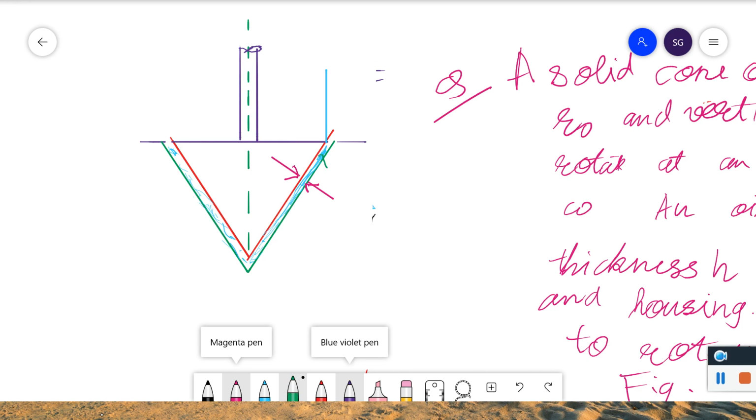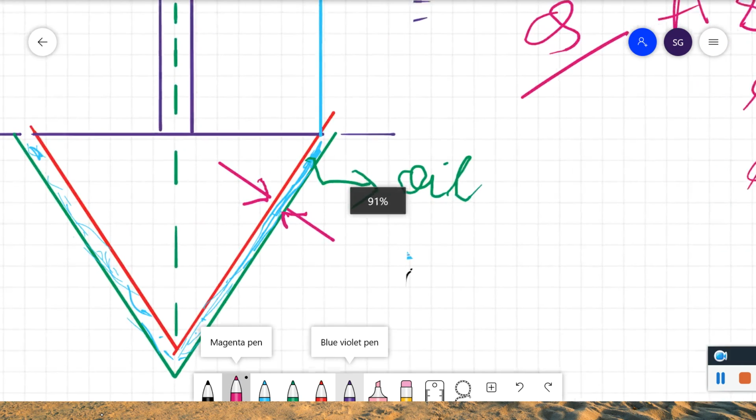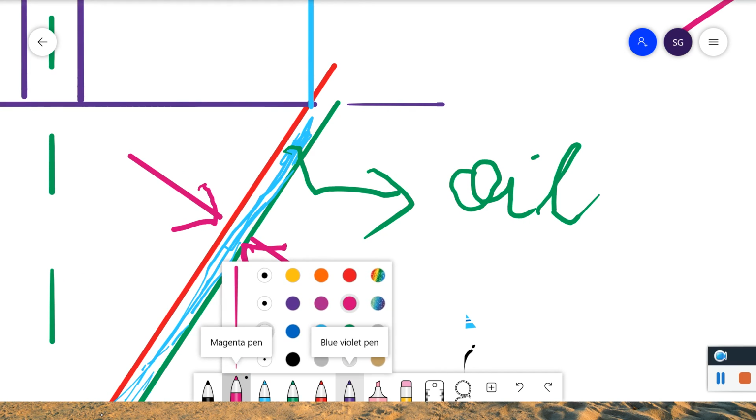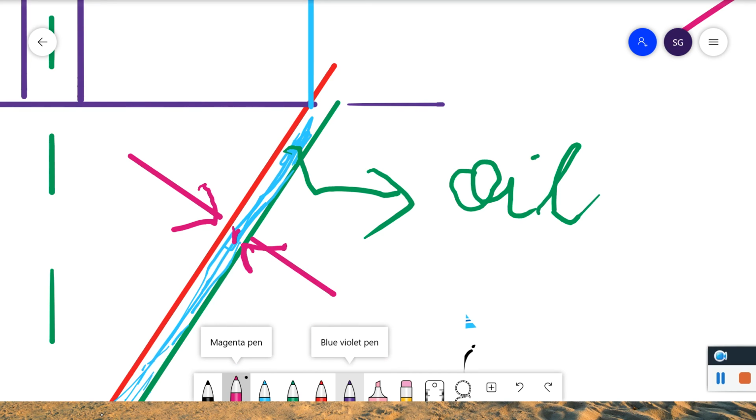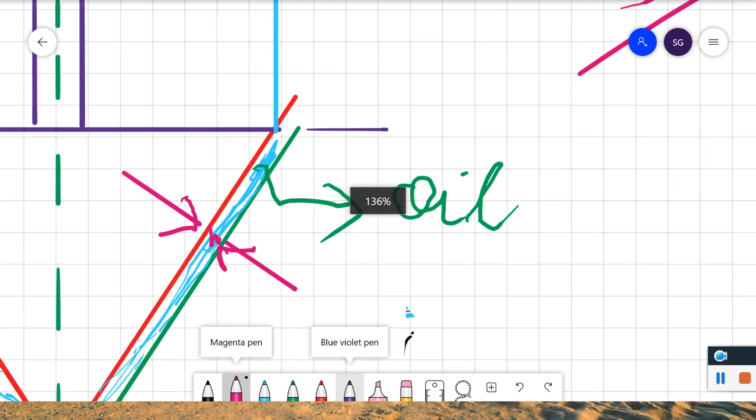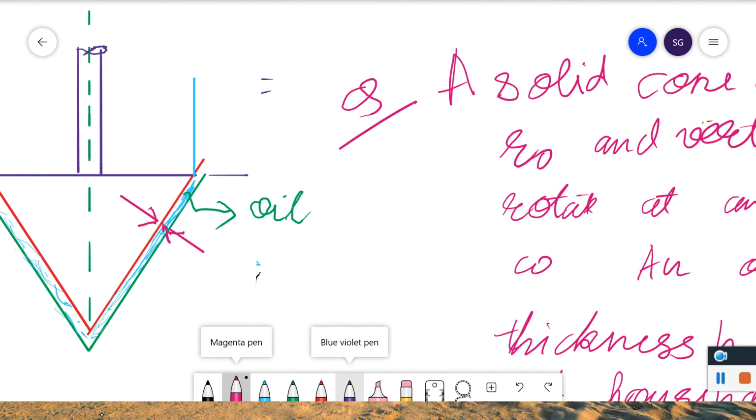This blue color that you're seeing is oil, and this is H, the distance between this is basically H. Sorry for using long notation. This is the H actually, this difference, and this is the R naught.